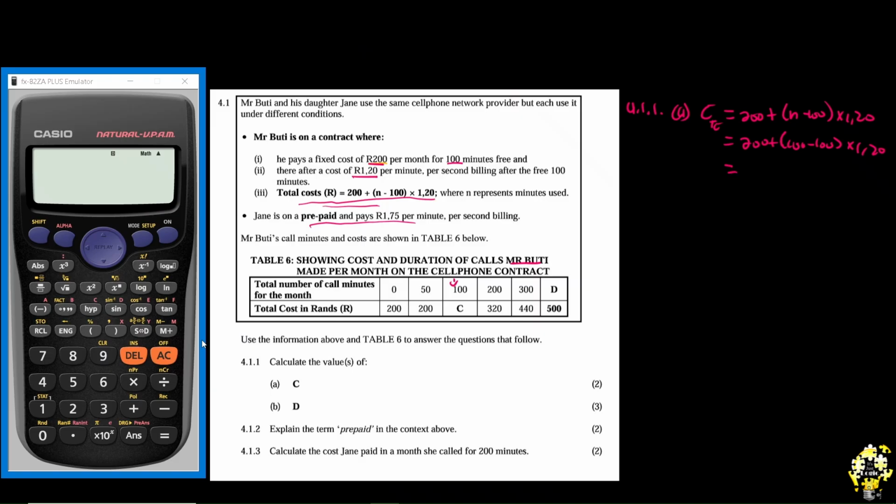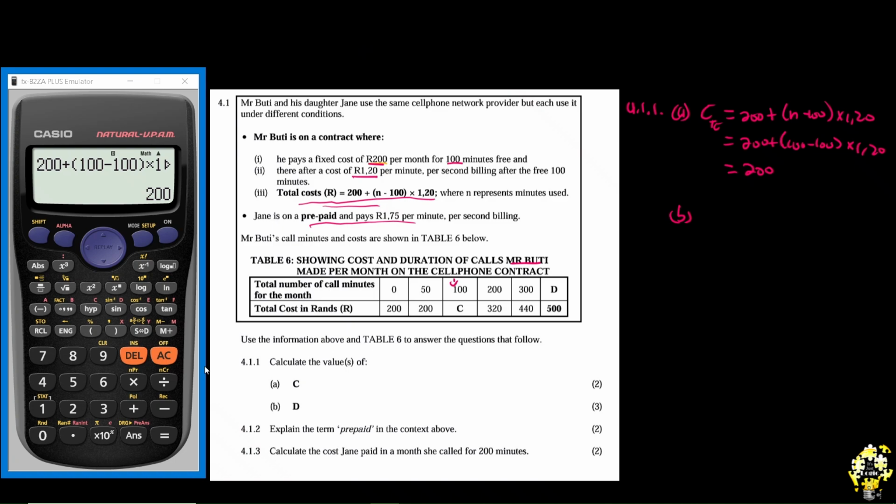Let's see what he will be paying for having used 100. So we find out that he only has to pay that particular 200.